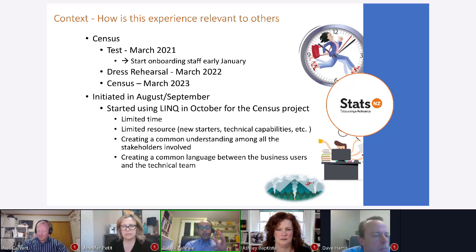We were also expecting variation in solutions. So what we were going to use for the test had a lot of manual and workaround processes, because we were sure we were not going to provide the full solution for the test for 2021, and so we had to plan and think about the work that we needed to do for those workaround processes.